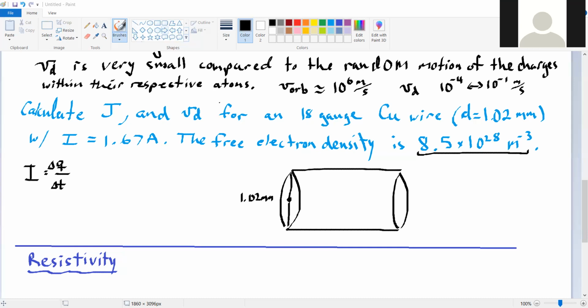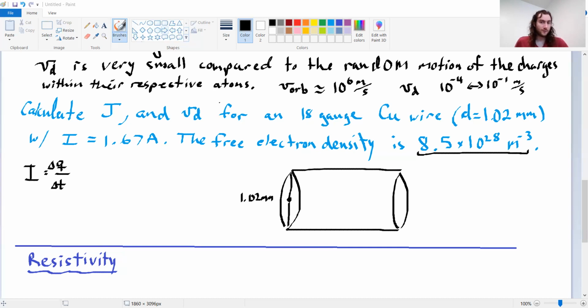Because doesn't J equal nq times the drift velocity? Well, certainly you can set the two equations equal to each other, but what are you trying to accomplish by dividing one formula by the other formula?